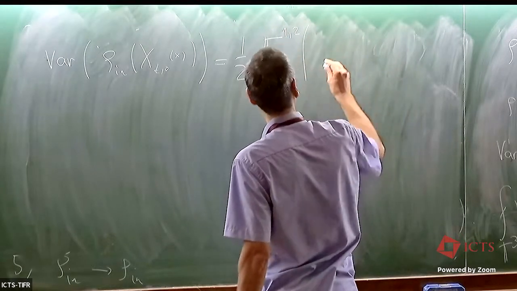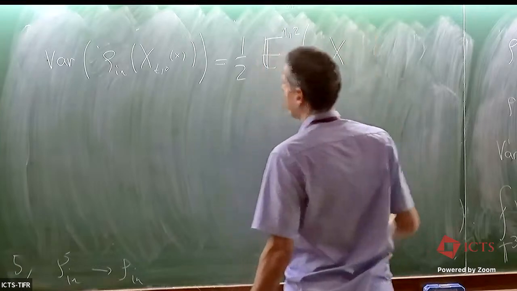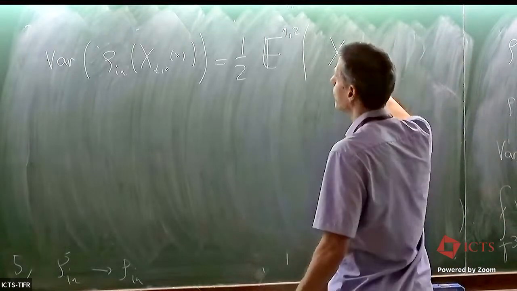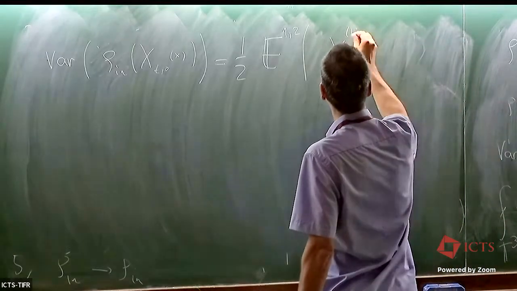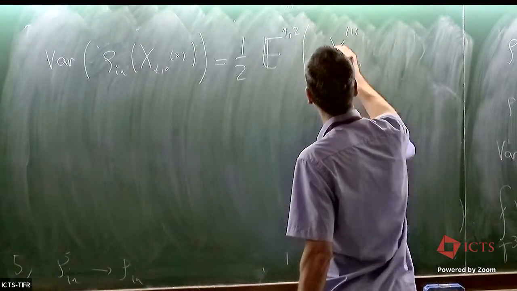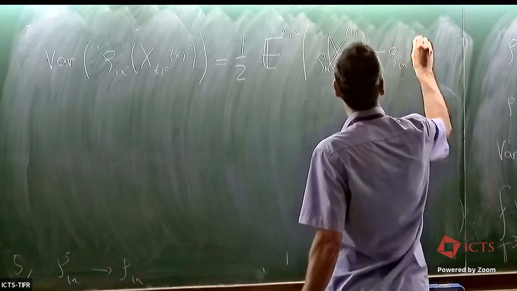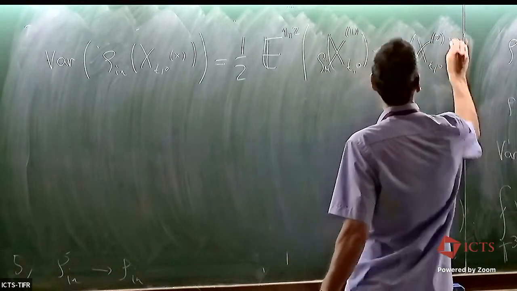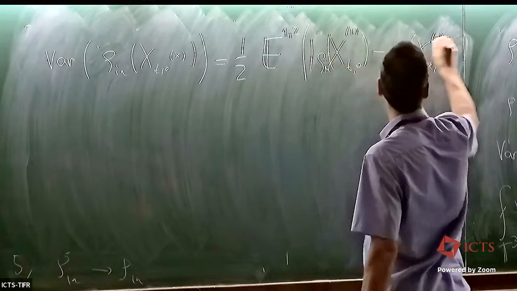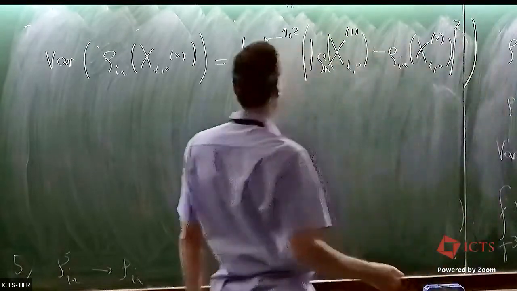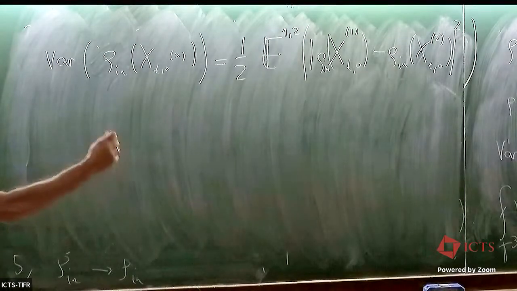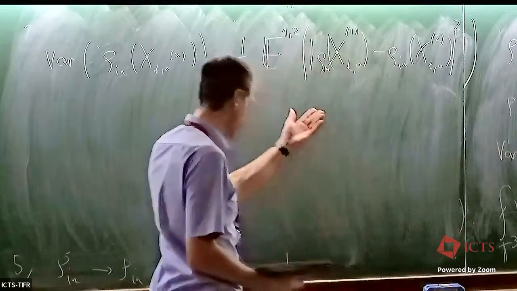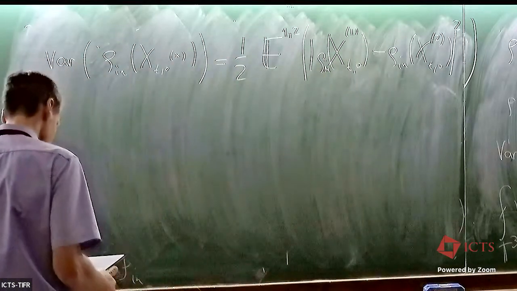So I take two different, independent copies, solutions of the same SDE. These X1 and X2 are independent solutions, and take this expectation of the square. And then you just expand out. It's the same computation that you saw in his lectures, and you get that this is the variance.